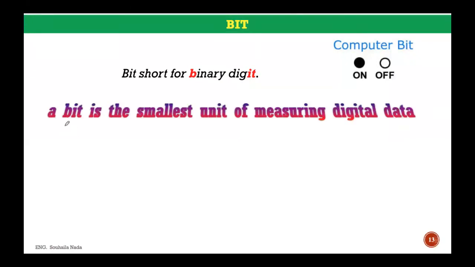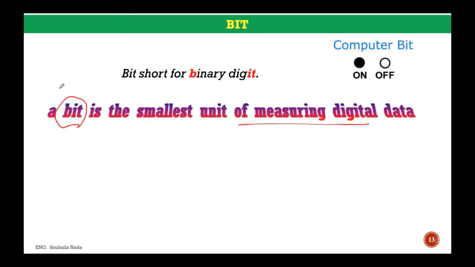So the definition of the bit is the smallest unit of measuring digital data, like a centimeter, which is measuring the length, or a gram, which is measuring weight. So in our digital media, we have what is called a bit, like a centimeter, like a gram or kilogram.